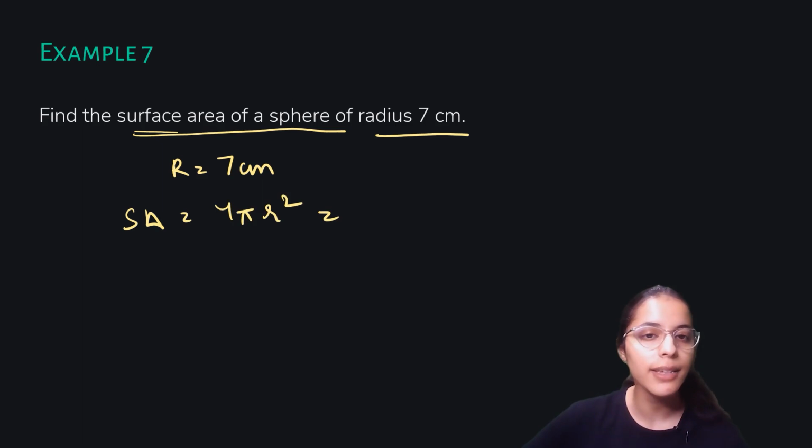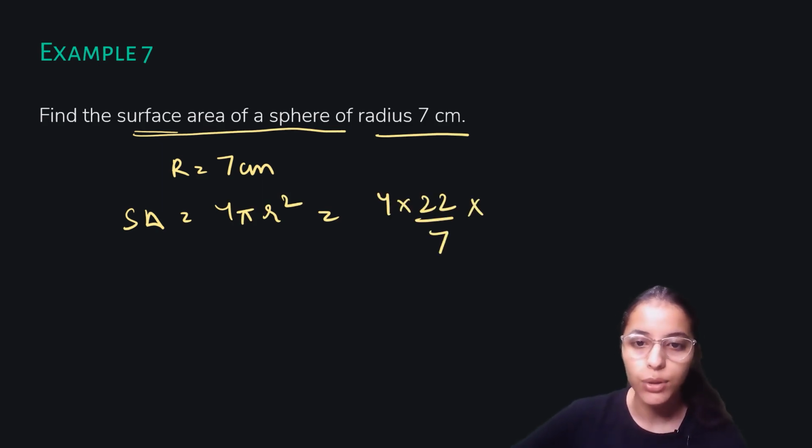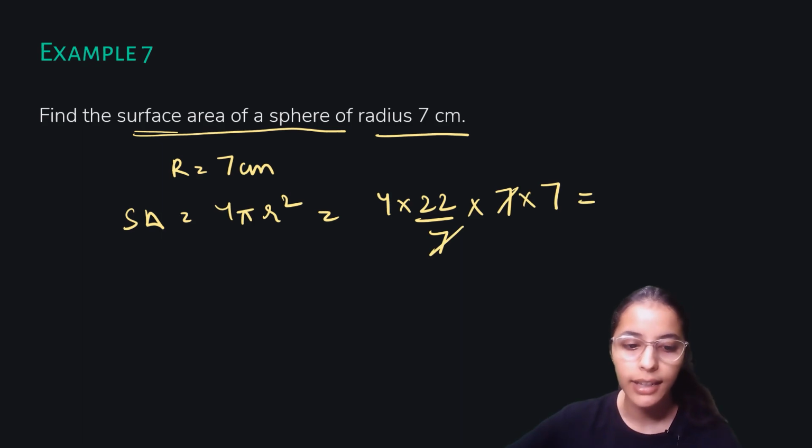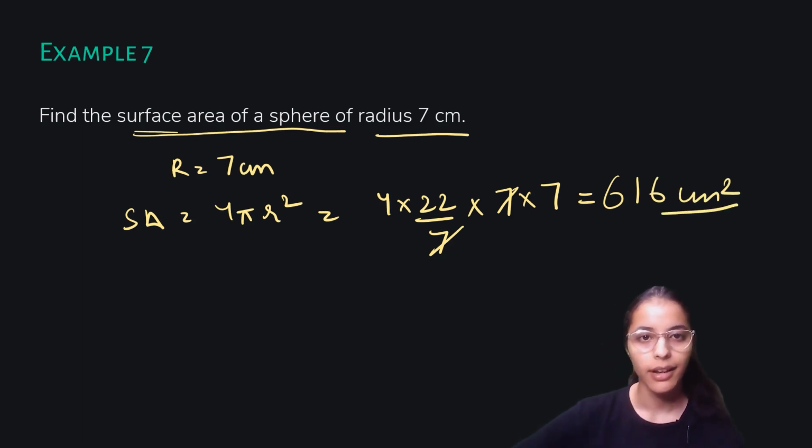Now let us substitute the values: 4 into 22 by 7 into 7 into 7. Now we'll cut it out, and after multiplying it, we'll get the answer as 616 centimeters square. So this is how we find the surface area of the sphere.